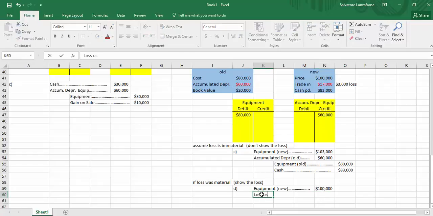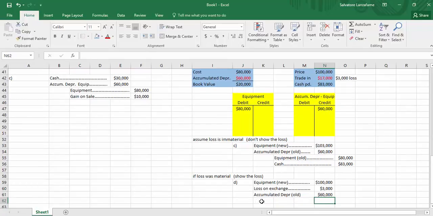We will have loss on exchange, loss on trade-in, loss on exchange, something like that. And that would be for $3,000. So notice this time we're showing the loss. We've got to get rid of the old stuff. So let's get rid of that old accumulated depreciation of 60,000.